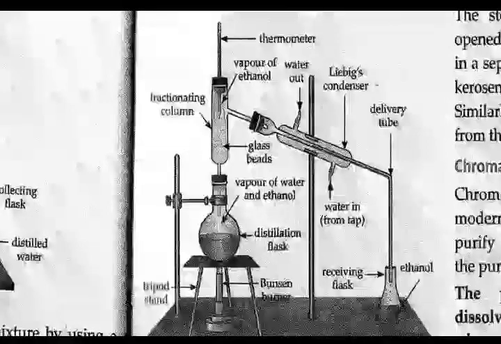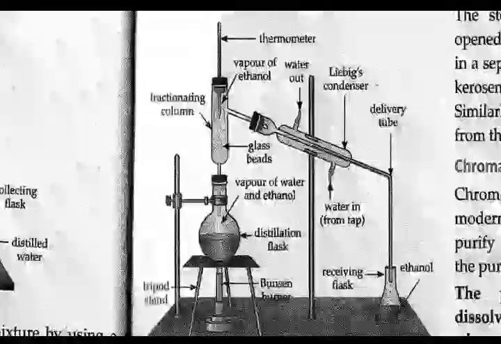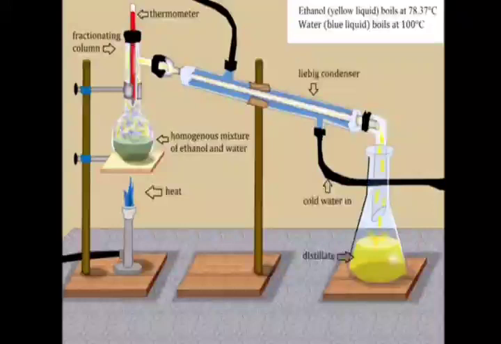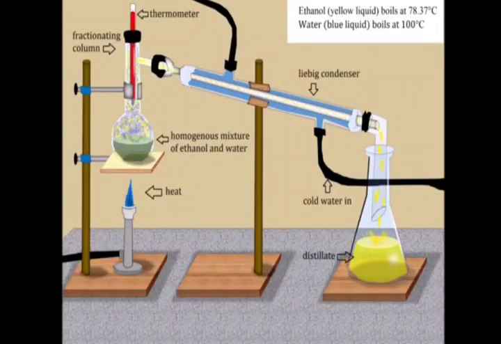This I am just showing you. You can see the demonstration, a mixture of water and ethanol can be separated by using this, and it is because the boiling points differ by less than 25 degrees Celsius.